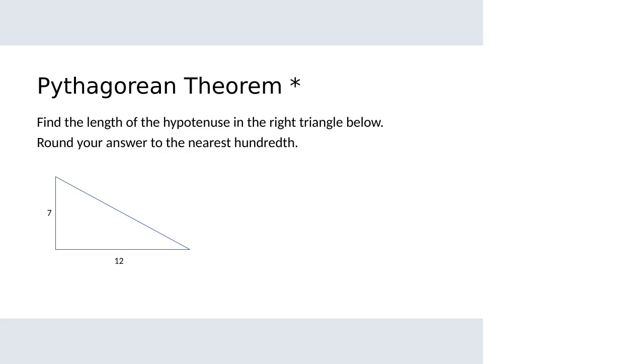Excellent. Here goes. Find the length of the hypotenuse in the right triangle below. Round your answer to the nearest hundredth. I'm going to set up a poll for this, and we'll see how we're doing with the Pythagorean theorem.